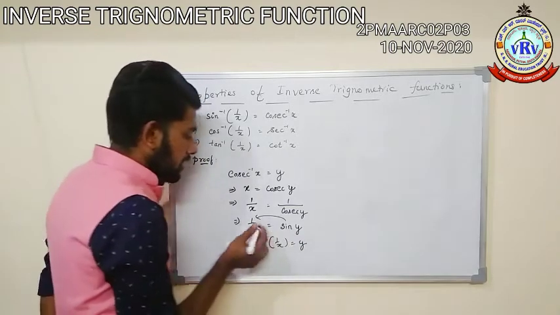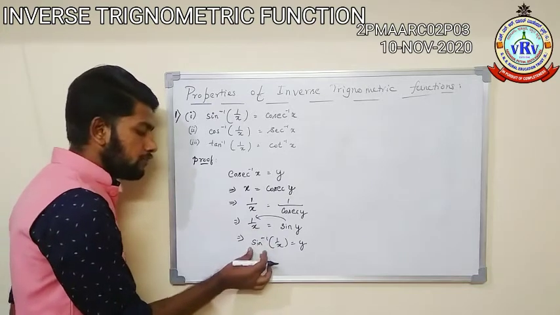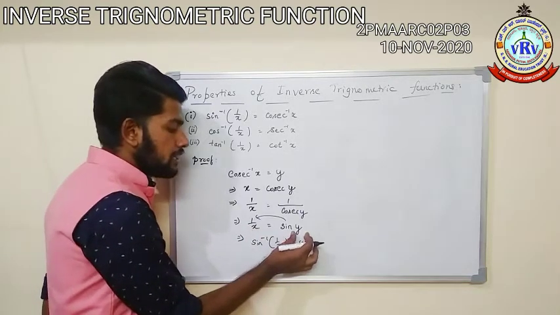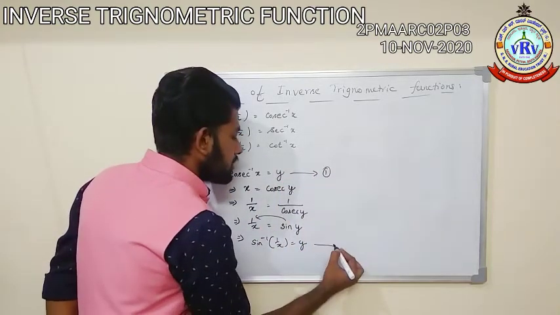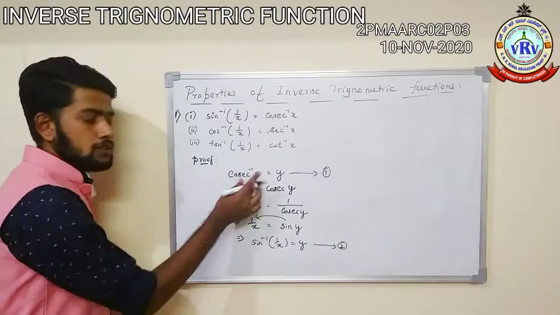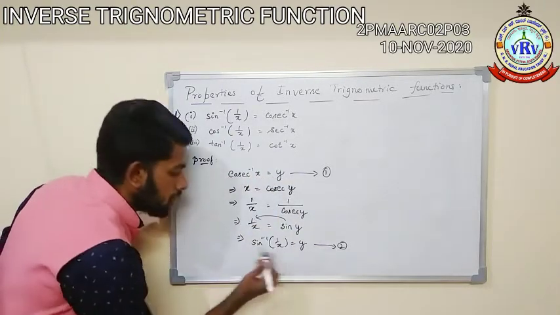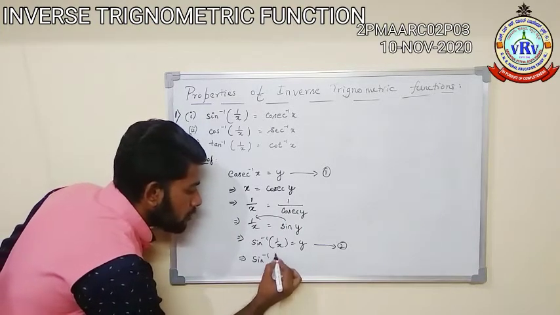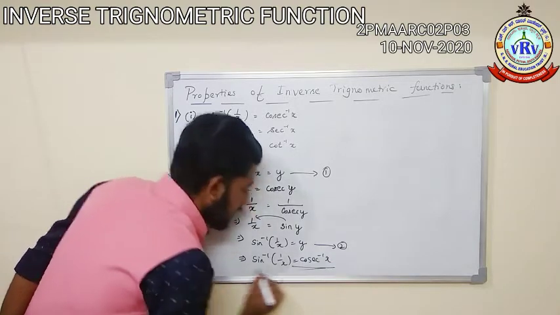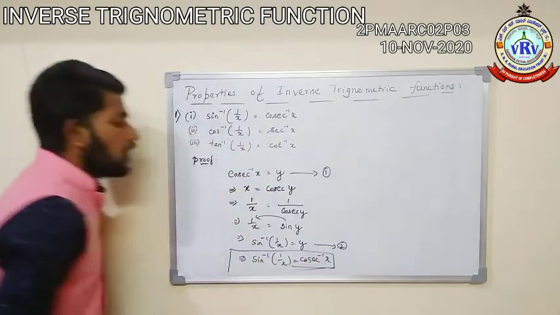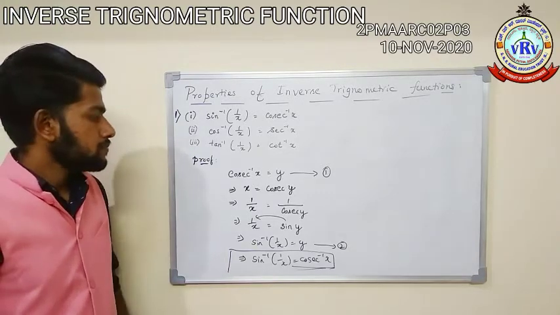Right? Sine inverse, if we shift the sine function to the other side, it becomes sine inverse of this 1 by x. The remaining here it is y. We know the y is nothing but cosecant inverse of the x from the equation 1. If we substitute that cosecant inverse of the x in the equation number 2, then it will give sine inverse of 1 by x is equal to cosecant inverse of the x. This will prove our first property which contains sine inverse function.